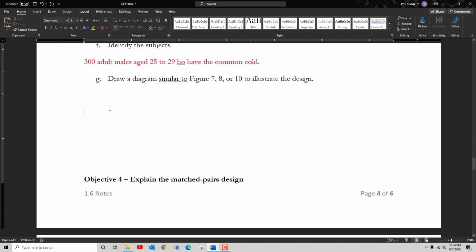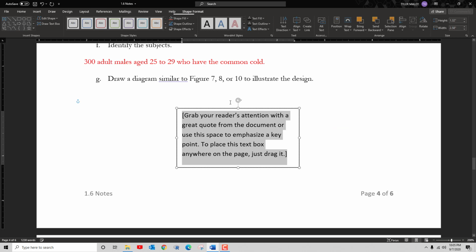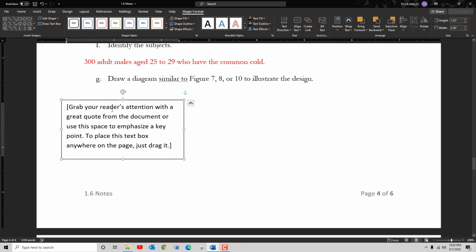Next, if you look in the text, you can see figure 7, 8, or 10, and we want to draw something similar to that to illustrate the design of the study. I'll use text boxes to illustrate this.